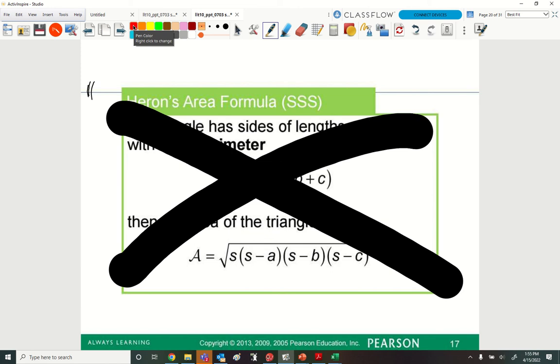I do math for fun, and this still sucks. There are other ways to find the area of a triangle anyway. But the area formula we had from before, from 7.1, is equal to 1/2 bc sine of A. So we're going to use that.